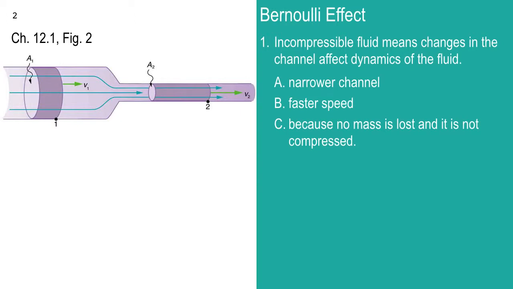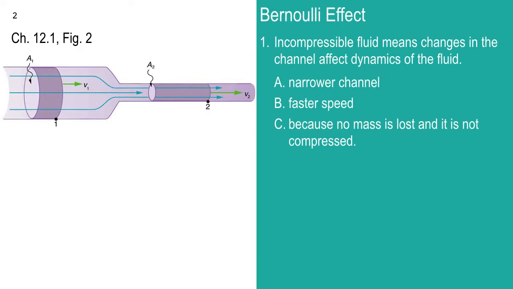if it doesn't have leaks, then there's going to be no loss of mass. So mass is conserved, and that also holds if it's not compressed. Now, if you have a compressible fluid like air, things are a little bit different.